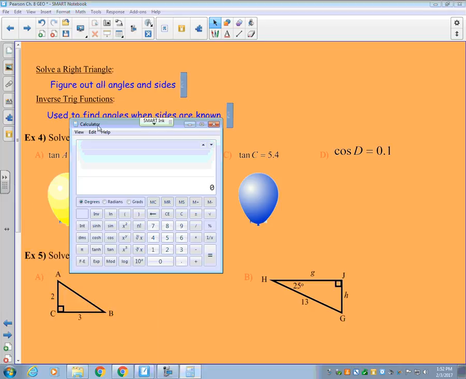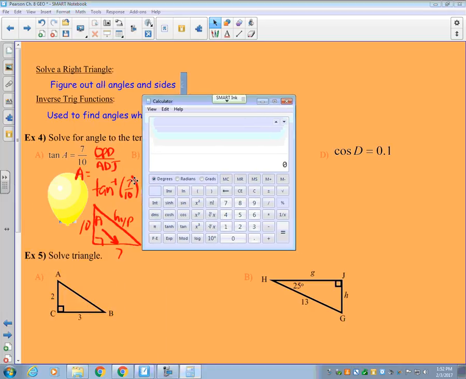My computer calculator wants me to input the number first and then apply the inverse relationship. So if you're using a calculator on your computer, you just type in your value, hit the equal sign. If you don't hit the equal sign, it will take the inverse tangent of 10 and not of 7/10.